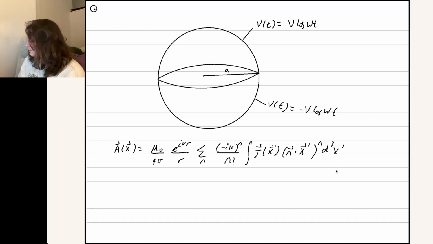That is the Taylor series expansion of the vector potential in the limit where the wavelength is much larger than the size of the system.